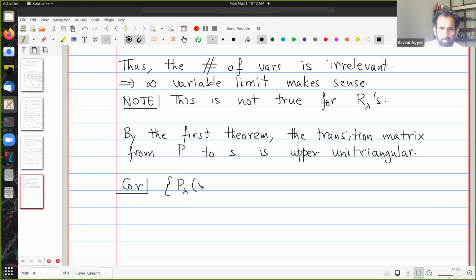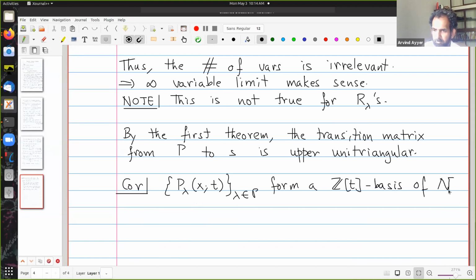P lambda of x, t, here I mean infinitely many variables, lambda in P, form a Z[t] basis of Lambda. Okay, so it's a nice basis.